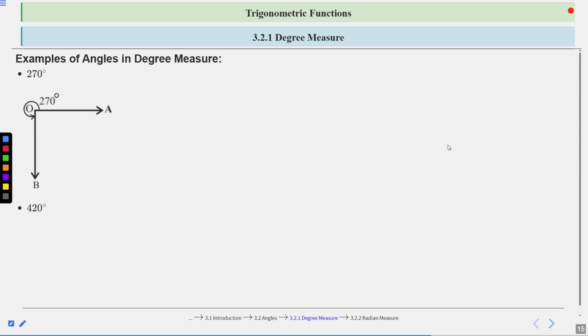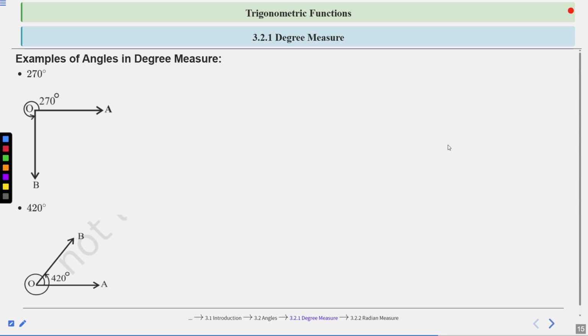Now 420 degree. This initial side OA, terminal side OB. If you observe this, first of all, what does 420 degree represent?